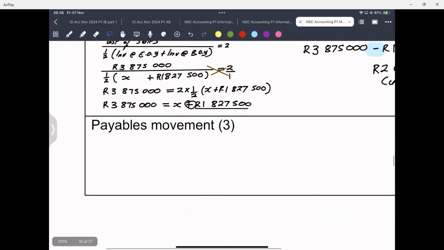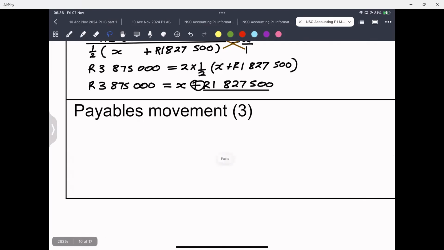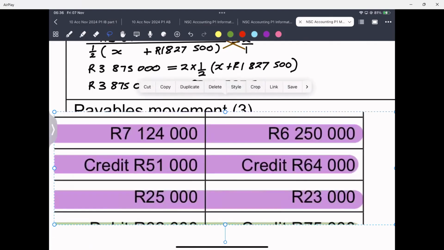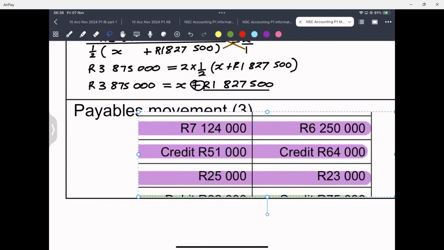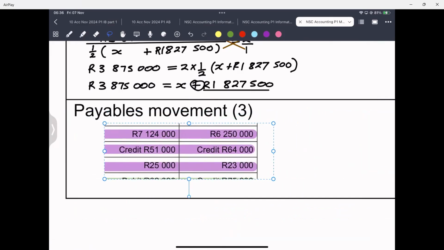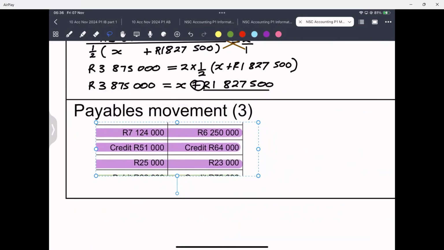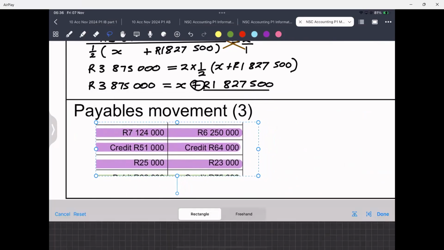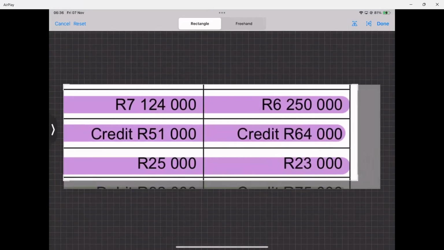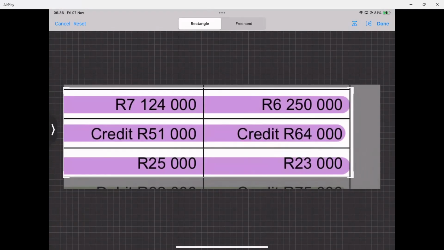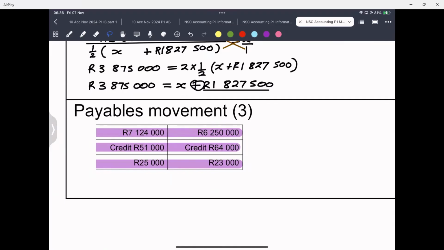I'm going to include all of those here. Let's add them up and see what we get.